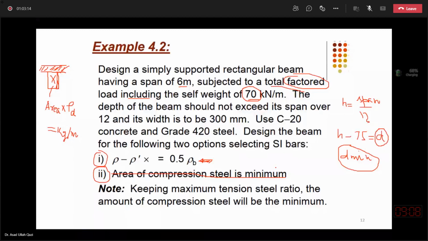Although in this problem, span by 12 seems such a relaxing edge because span by 12 will definitely fulfill the serviceability requirements. If you check the serviceability table shared with you from chapter 9 of the ACI 318 2019 publication, you will get the idea that span by 12 envelops all the end conditions and almost all the steel grades except cantilever beams.